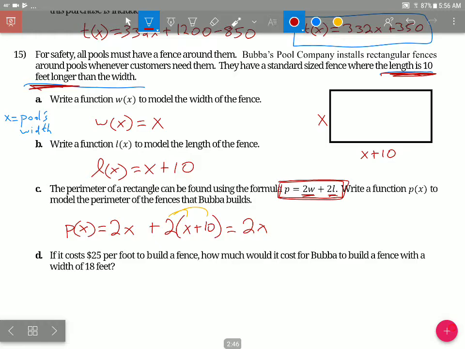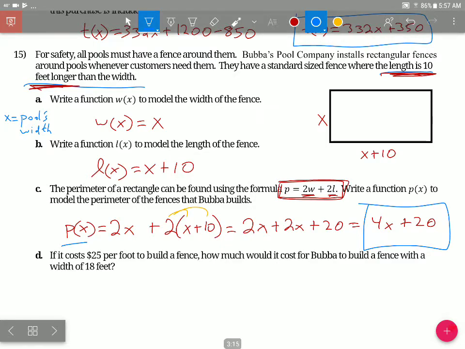So that's plus 2 times x is 2x, and 2 times 10 is 20. Okay. And then you notice we can combine those two. So the perimeter P of x is going to equal 4x plus 20, because 2 plus 2 is 4. So that is the equation for the perimeter.